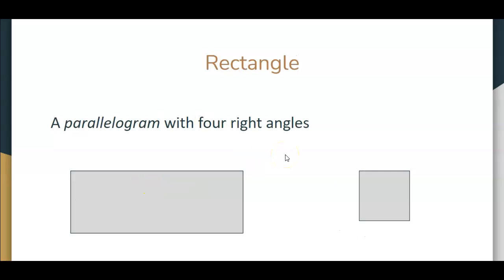Then we have a rectangle. Now, the definition of a rectangle is a parallelogram with four right angles. I italicized parallelogram for a reason. Whatever the definition says for parallelogram has to be true, plus it has four right angles. So I'm going to go back to that definition.